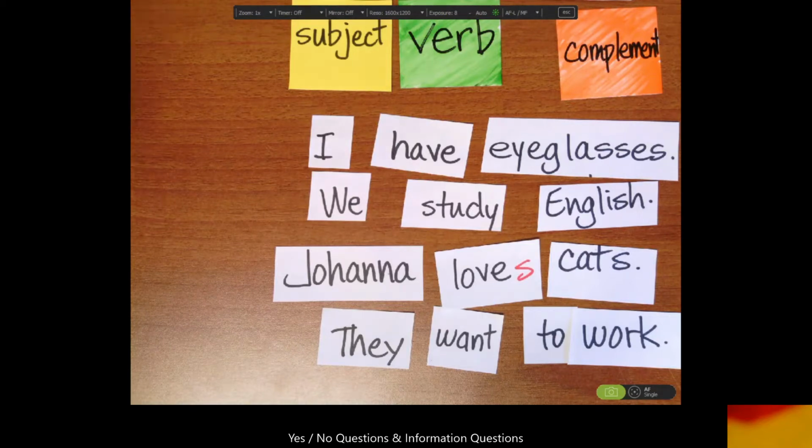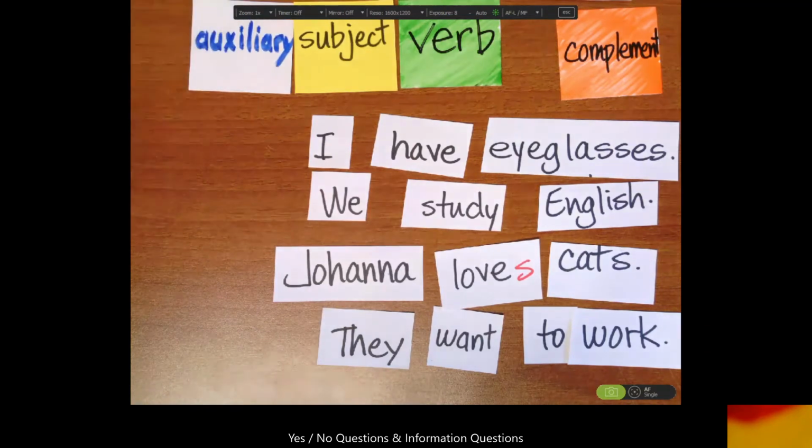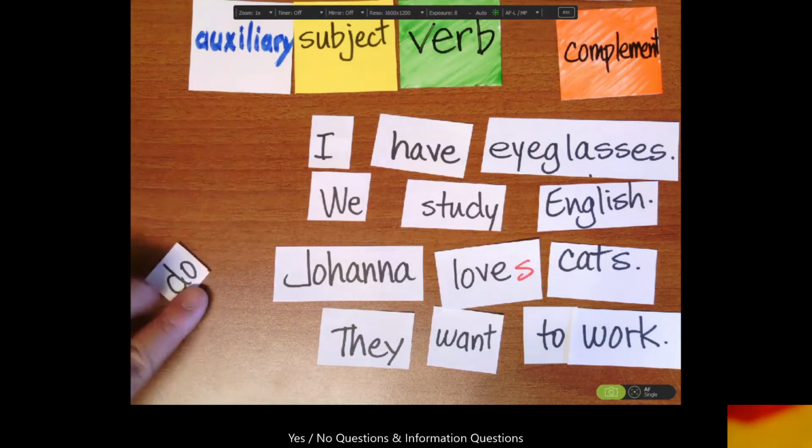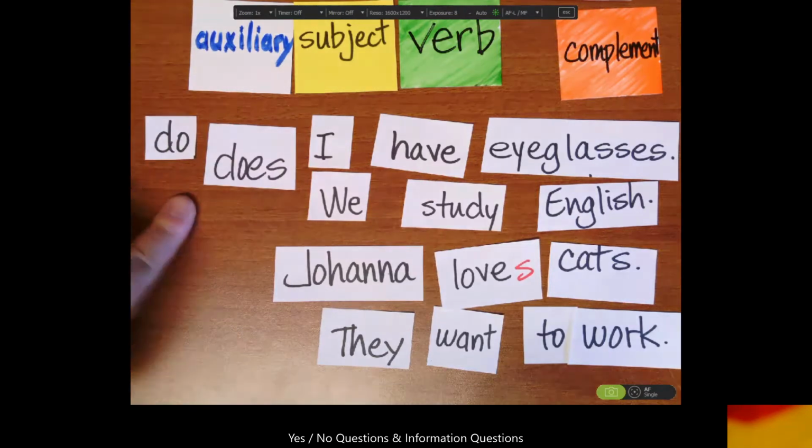We have to add an auxiliary. And the auxiliary is a word such as did, does, do, will, something like that. Now, I'm going to change that into a question simply by adding either the word do or does. If this is the start of the question, be sure that you use a capital letter.